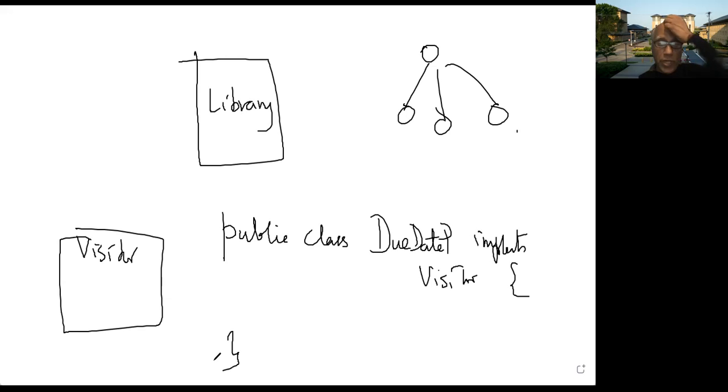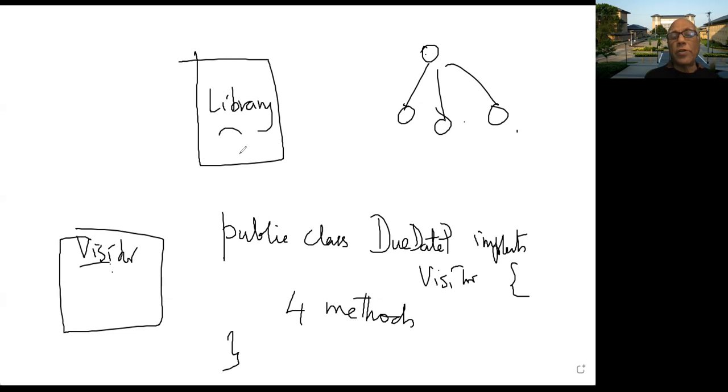So I create this due date printer. What it will obviously have is one method for each one of these classes, because that is what I have put in here. So I will have 4 methods. One for the superclass, one for each one of these.